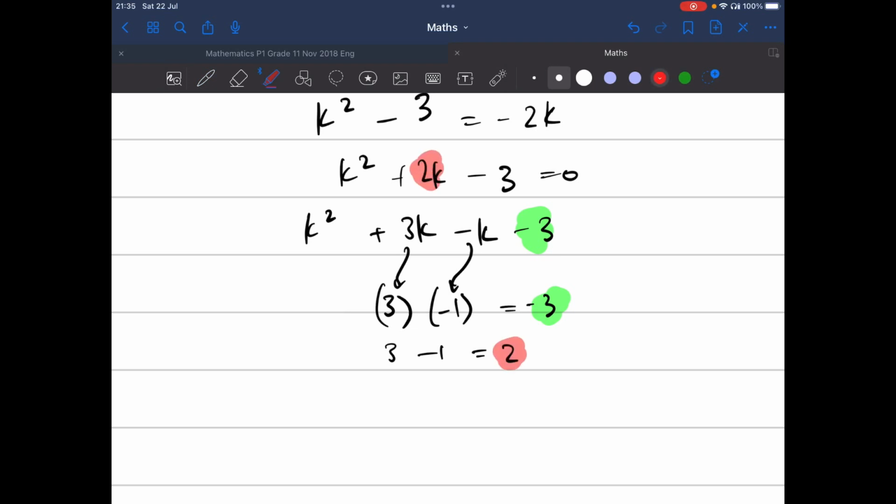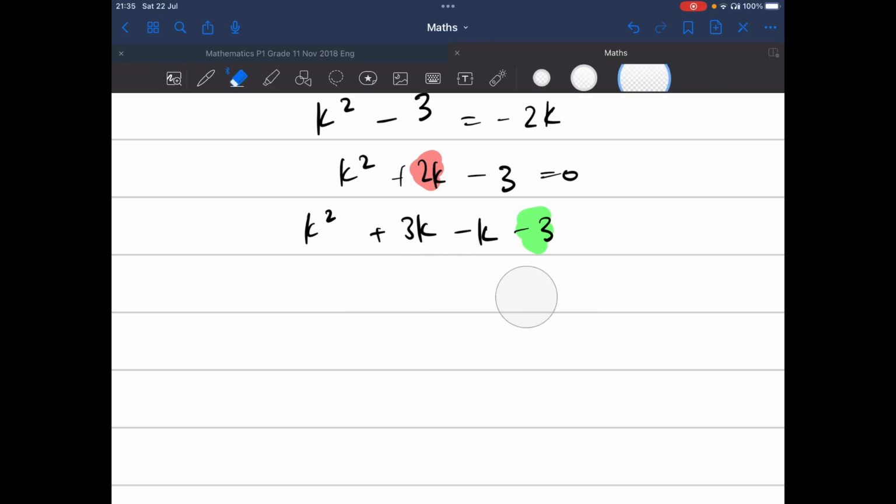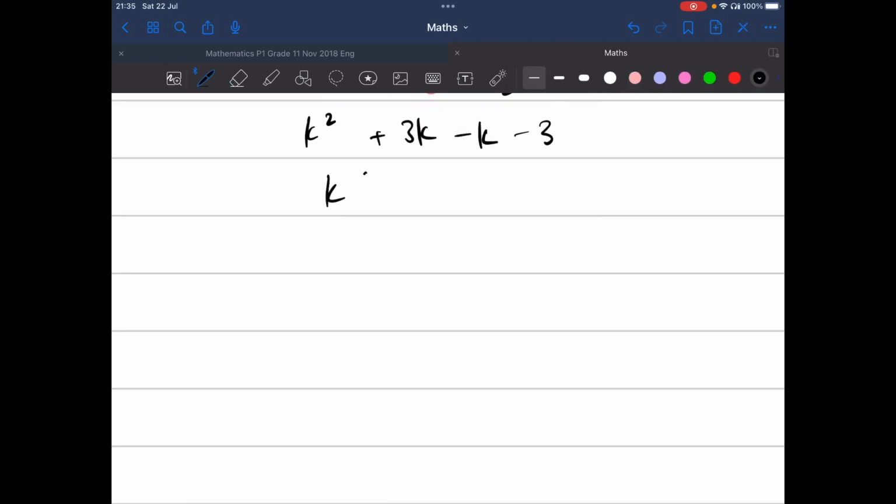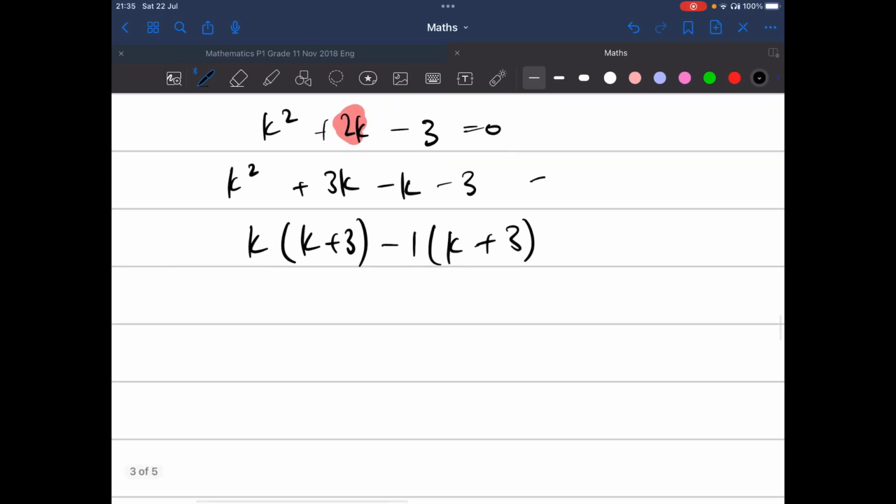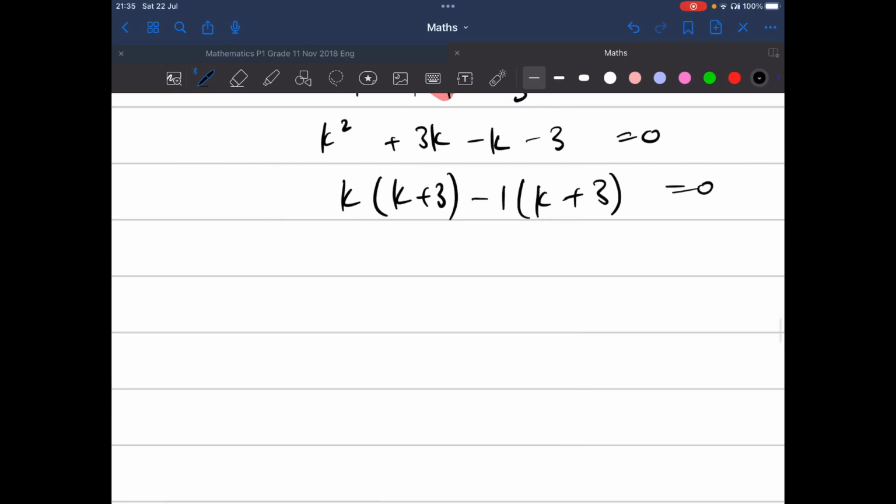Okay, so you can see when I add them, I get 2, and when I multiply them, I get minus 3. So that means that this is going to work. Okay, so let's just factorize this now. So we'll have k plus 3 and k minus 1, and it's equal to 0.